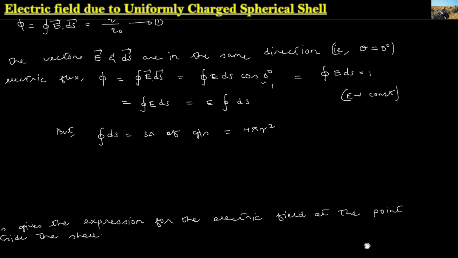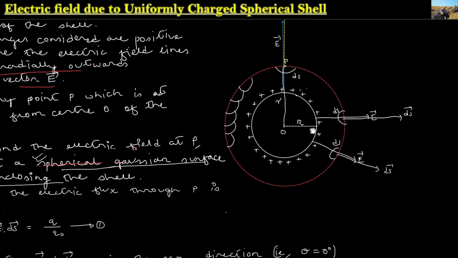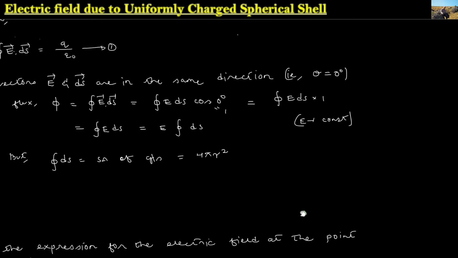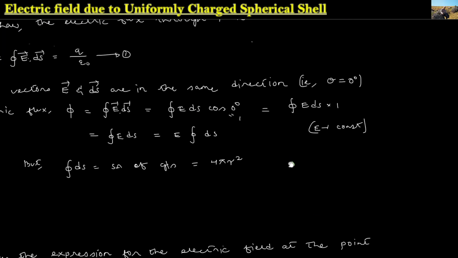Why small r square? Because the radius of the spherical shell is small r. We will mark this as equation number 2. So when I put that as equation number 2, it follows from here that this electric flux phi will be equal to E into 4 pi r square.